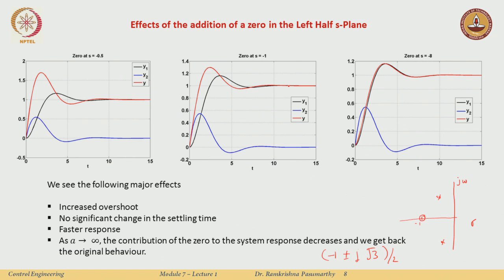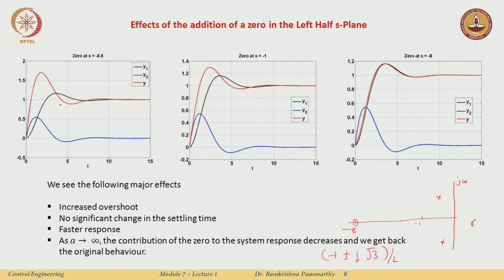Now, I remove this 0 and add a 0 much further away, a 0 at minus 8. Now, y1 still remains the same, y2, the blue line, does something like this, and the total response is something like this.